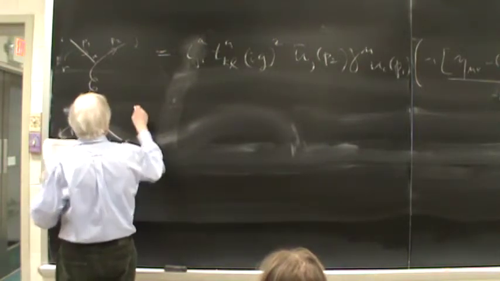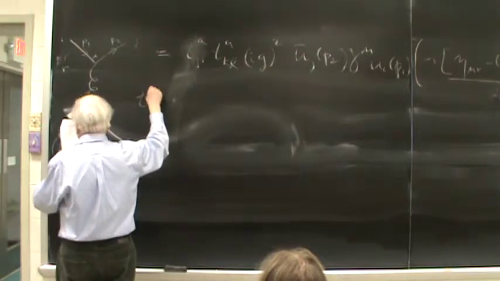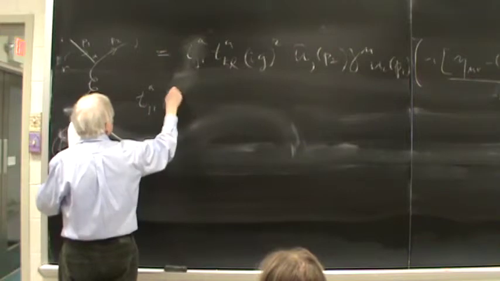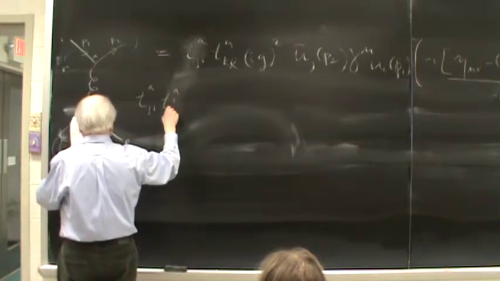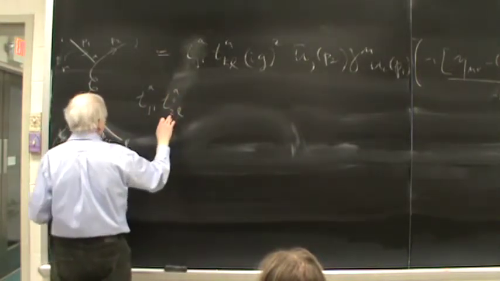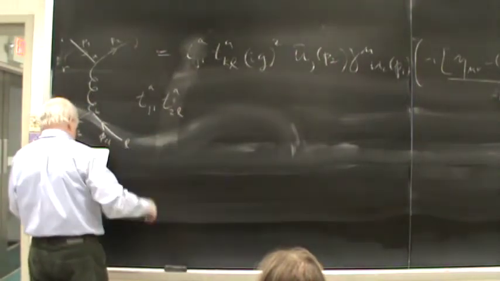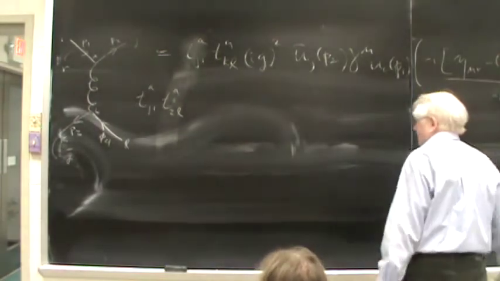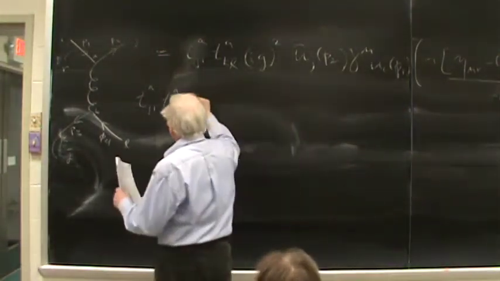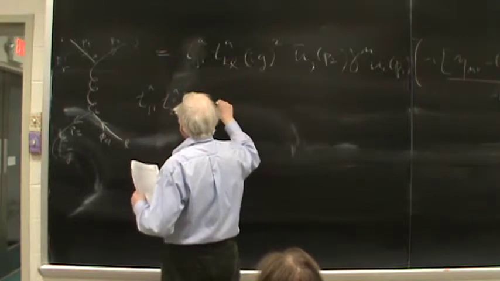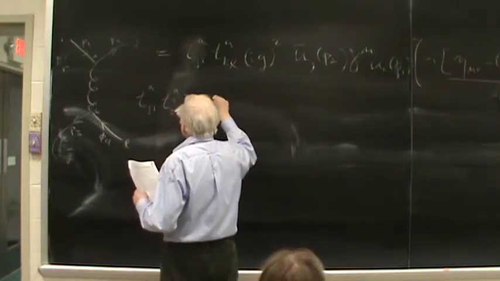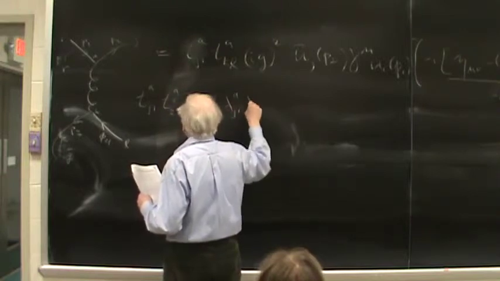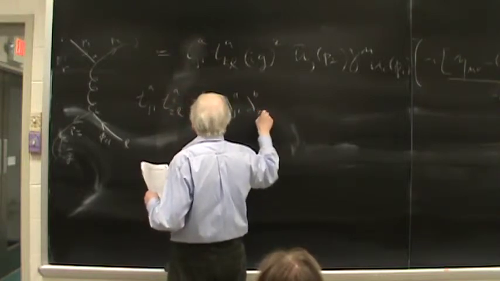Well, what we get is t^A_J1, 1 for red, t^B_2L, 2 for green, and if you then look up the lambda matrices and compute these, so that would be a quarter lambda^A_J1, lambda^B_2L.